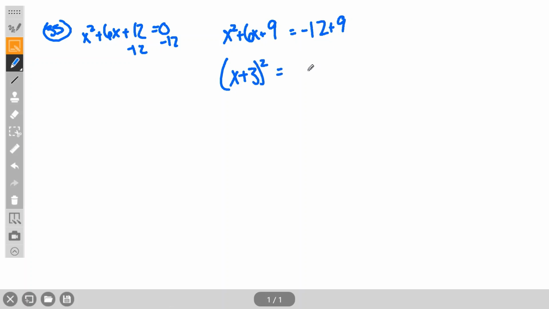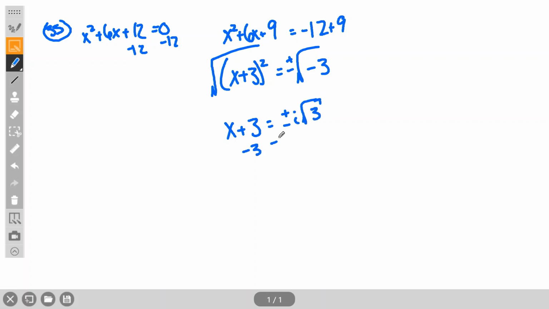On the right side, I'm left with negative 3. Square root both sides. The left side becomes x plus 3. The right side becomes plus or minus i root 3. Subtract 3. So my solutions are negative 3 plus or minus i root 3.